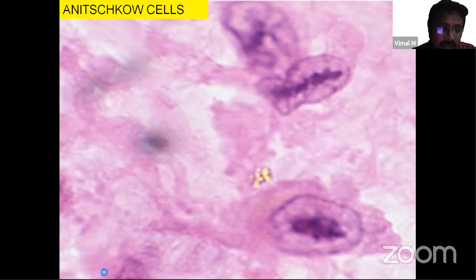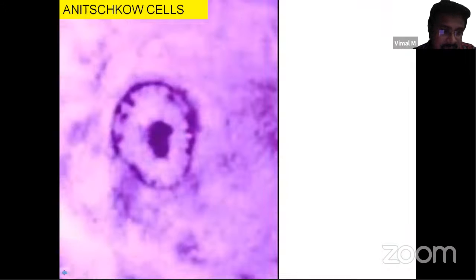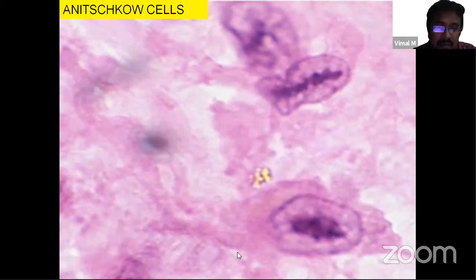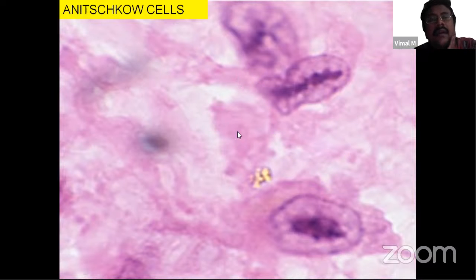And what is so peculiar about this Anishkov cell is Shut the fuck up. Anishkov cell is nothing but it is a cell. See, I request to keep silent in the meeting.